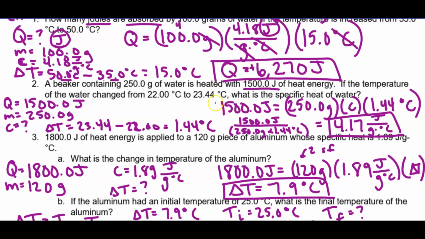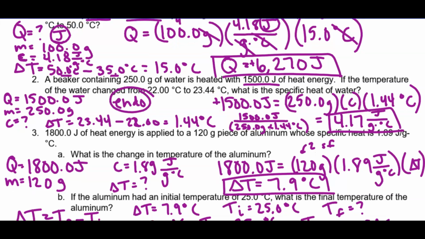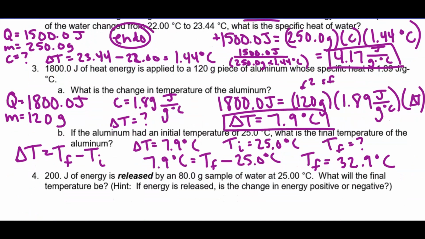This is a positive Q, so again, another endothermic. And then number 3, 1,800 joules of energy is applied. That's a positive Q, so again, endothermic, and that makes sense because the final temperature is higher than the initial.